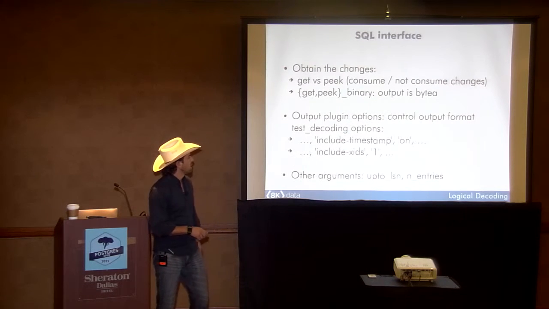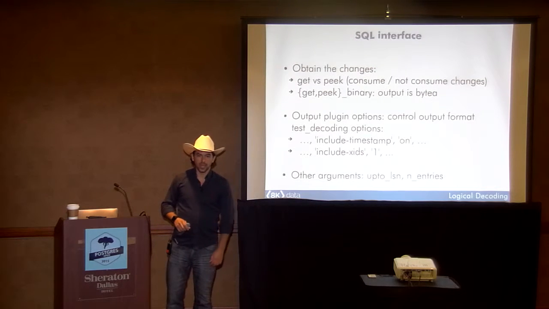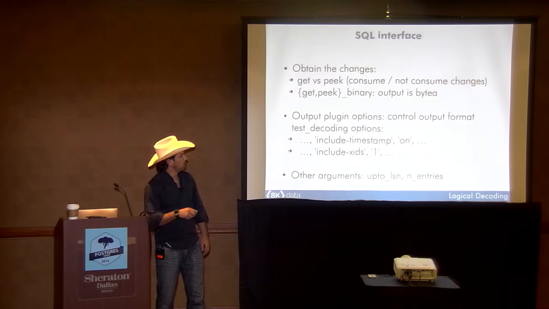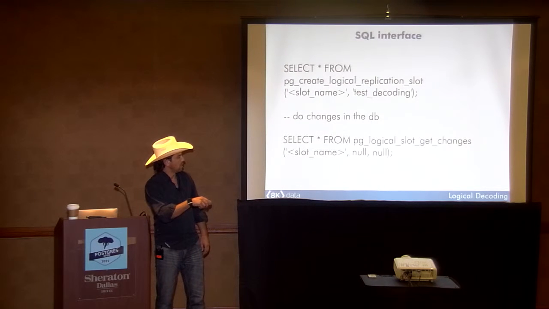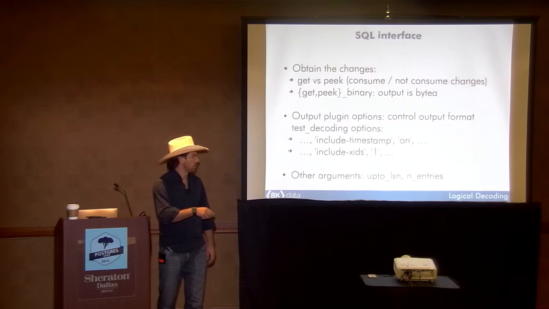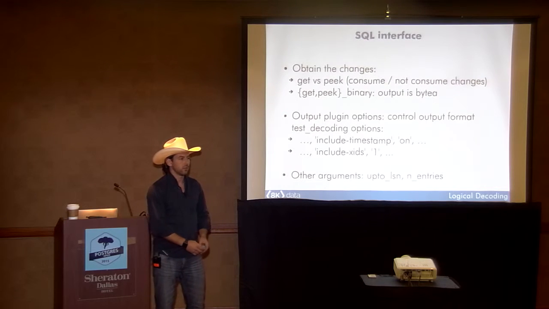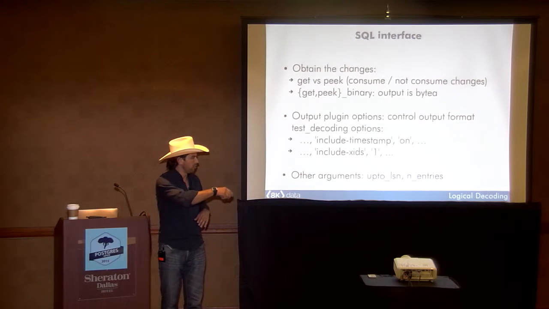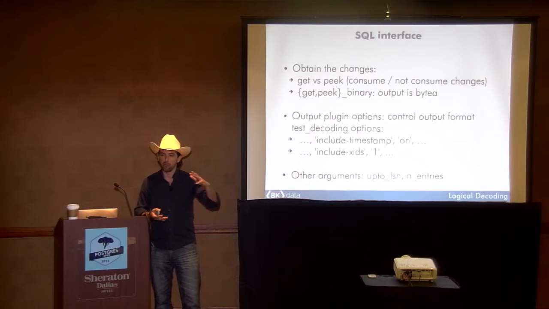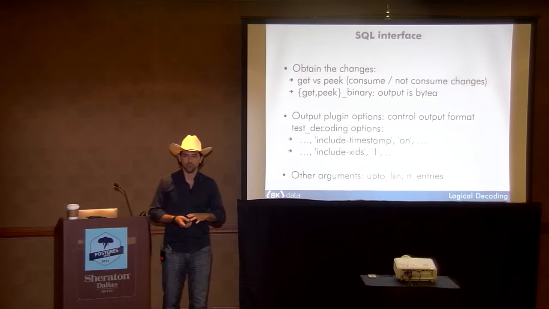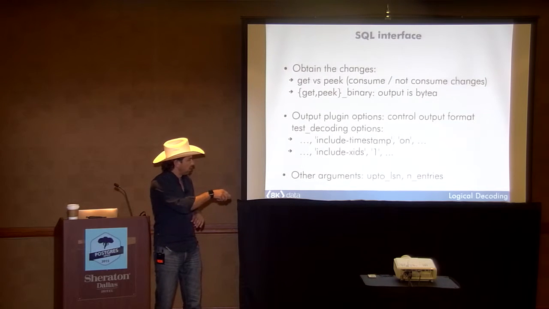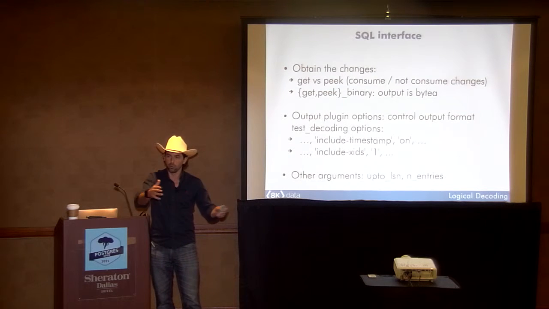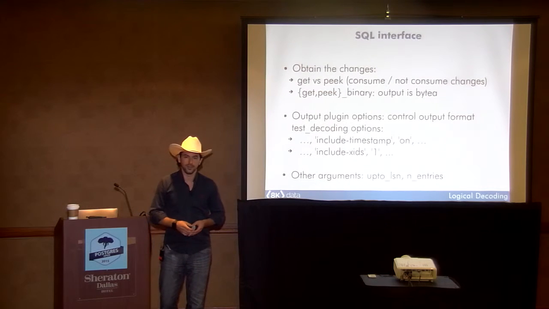OK. What about the extra arguments to these get and peek functions? The two nulls that we were having here: the second argument is basically the up to LSN, the log sequence number. Both arguments are used to control how much output you want to have decoded while calling the function. In the first one, you specify an LSN, which is a way of specifying a location on the WAL stream in Postgres. It's a little bit low level.